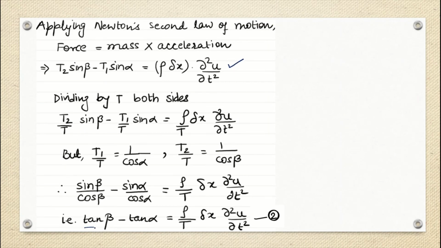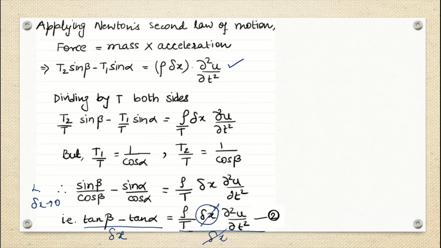So we have got till here: tan beta minus tan alpha is rho by t delta x del 2 u by del t square. And we can do one more thing, dividing delta x on the left hand side also, and on the right hand side the delta x will get cancelled. The left hand side is tan beta minus tan alpha divided by delta x, where delta x tends to 0.